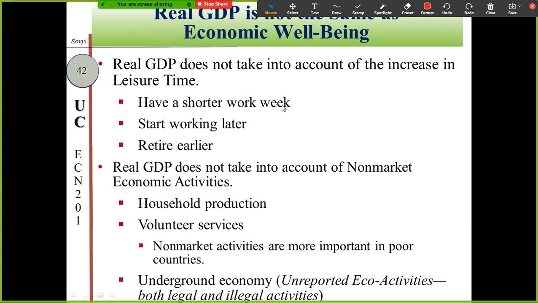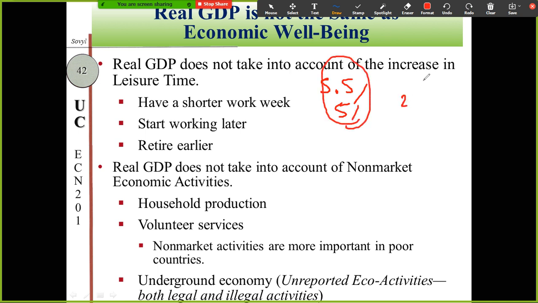Normally we work five days, or five and a half days with Saturday morning. But if you work only two or three days a week, GDP does not take into account whether you work shorter or longer time per week.